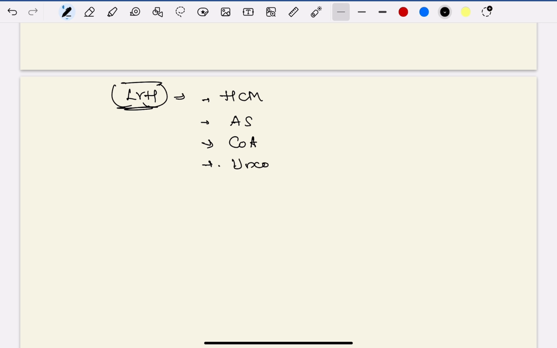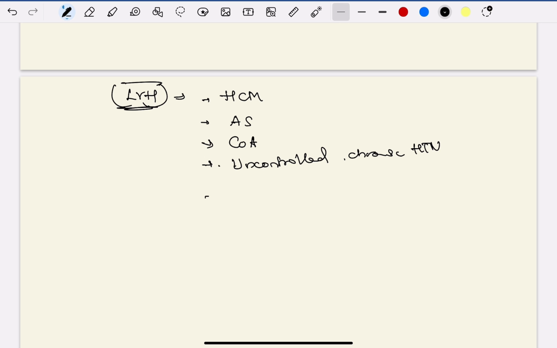There are so many causes for left ventricular hypertrophy, like hypertrophic cardiomyopathy or aortic stenosis or coarctation of aorta, uncontrolled chronic hypertension, acromegaly, pheochromocytoma, so many conditions. But in this elderly man, what is the likely cause for LVH?